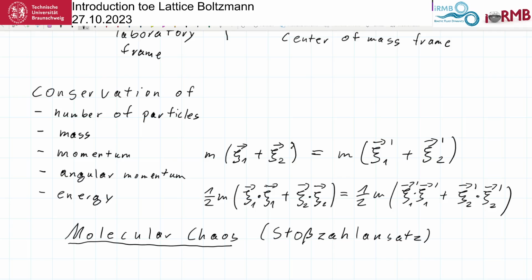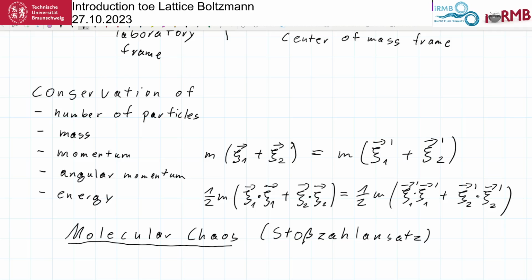We are in a statistical world. All we need to know is how many collisions there are in a certain time, in a certain space. This was his idea. So all the molecular dynamics reduces to the question, how many collisions are there?